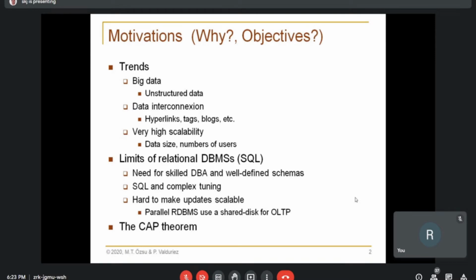So you see what is written here, motivation. Motivation means what is the objective of this, like the question. So the trends today: we have big data, interconnection, and very high scalability. We have a lot of data, and all this data comes in the category of unstructured or semi-structured.